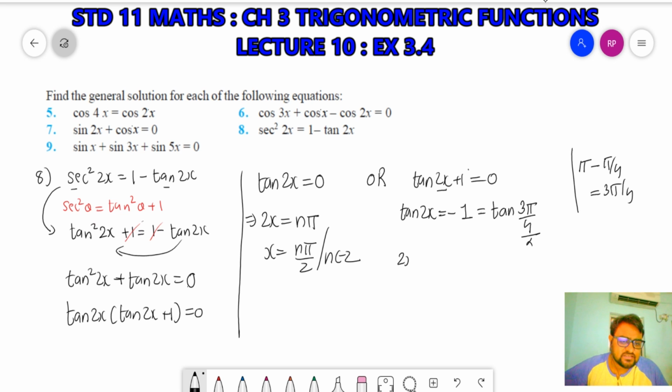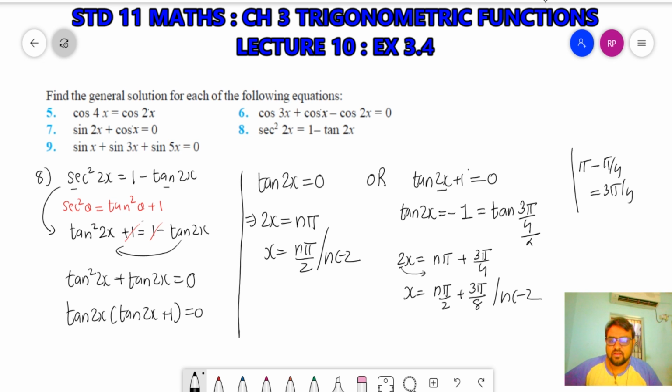So 2x is equal to, for tan it is n pi plus alpha, that is 3 pi by 4. Okay, that means x is equal to n pi, this 2 I will divide when it goes on this side, by 2 plus 3 pi by 8 such that n belongs to z. Clear?